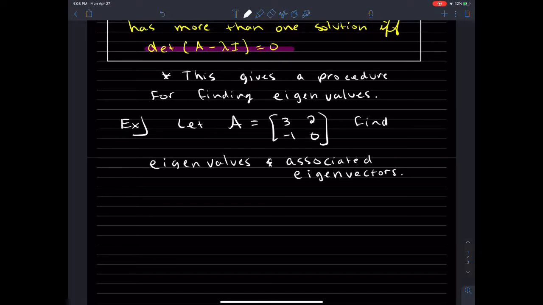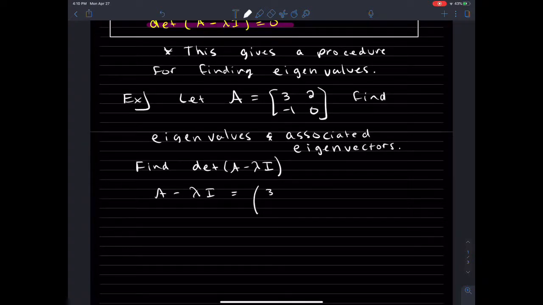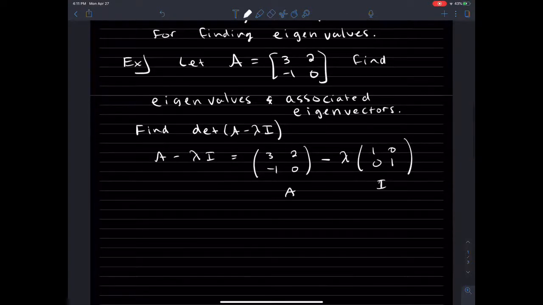So we're going to find the determinant of A minus lambda I. First we need to find A minus lambda I. Let's write it out. We won't always write it out this long, but this is my A, 3. So this is A minus lambda I.